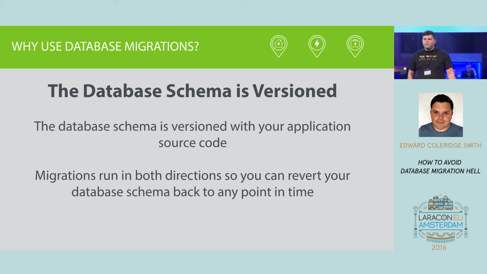When we ran these migrations in production, they failed. We were able to quite quickly and easily reverse the migration, fix the problem, and then run it forwards again. If you were doing that manually with a SQL client like Sequel Pro, you'd have to remember all the changes you've made, fix them, and then make the changes again. But if you're doing it with code, it's all quite automated, and you can go forwards and backwards between versions.